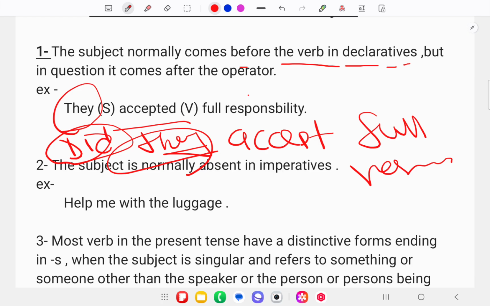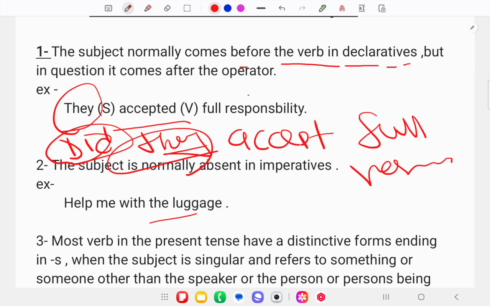If I say to you, open the door, it means I'm saying to you to open the door. But here I'm not saying that you open the door. If I say you open the door, then there is the presence of a subject. But if I only say open the door, it means this is a kind of imperative sentence, and here the subject is in the abstract form.